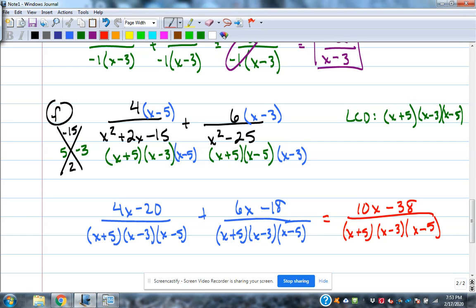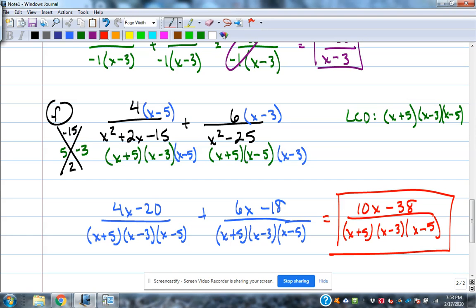I'm just trying to be consistent with what I wrote up here, so try not to confuse anybody. Will this factor? 10 and 38 are both even, right? If I factored a 2 out of that, would it cancel out any of the things in the bottom? No, because if I factor a 2 out of that, it's going to leave 5x minus 19, and that doesn't help me. It doesn't simplify anything, so I don't do anything. Just leave it like that. That's the answer.